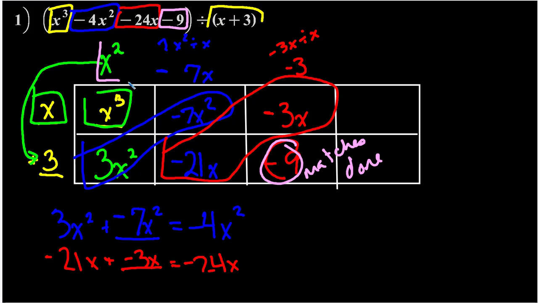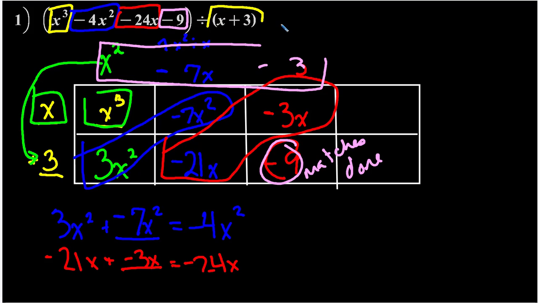That means this is my answer. So my answer is equal to x squared minus 7x minus 3. That's my answer.